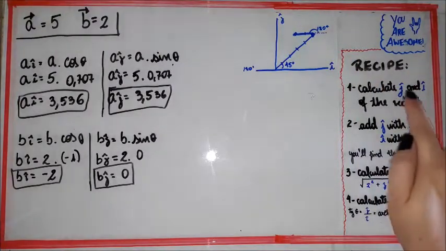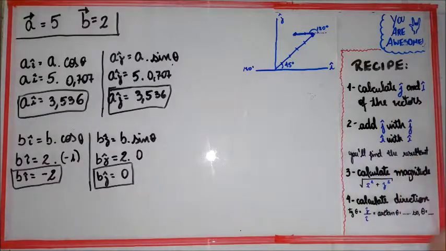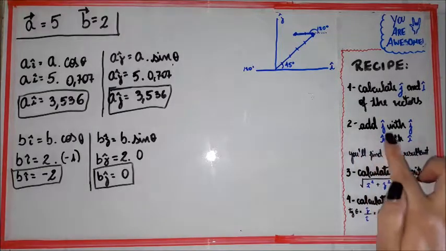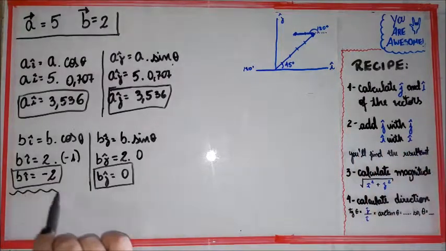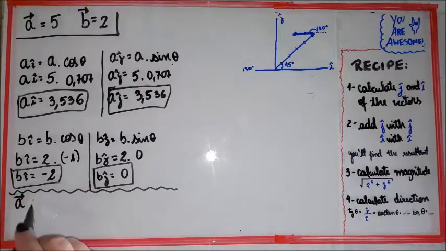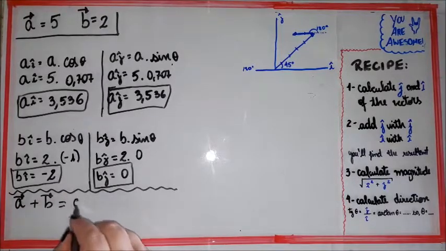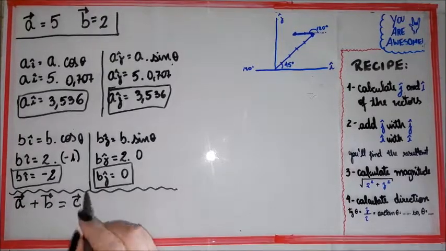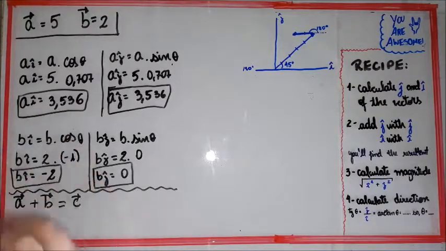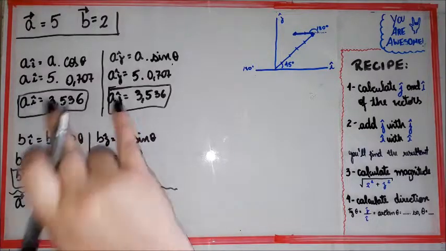Now we already have the j hat and i hat components of both vectors. Second step is add j with j, i with i. Let's do it. You can do it. Let's add the vectors and find another one. A has two components, two unit vectors here.